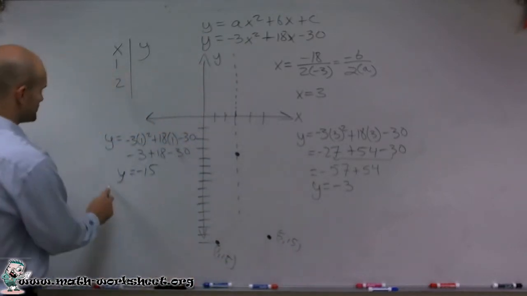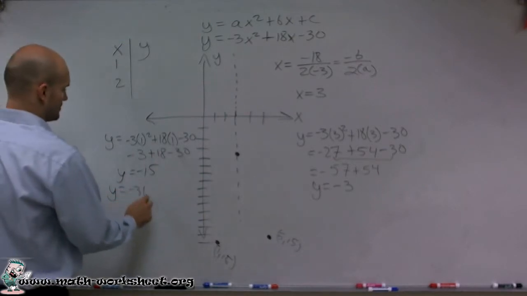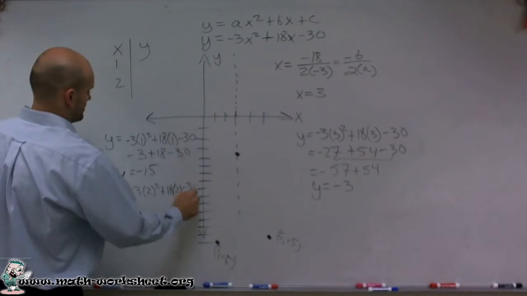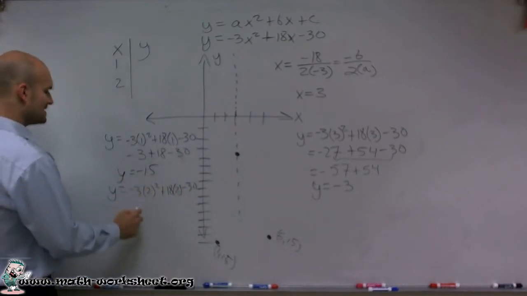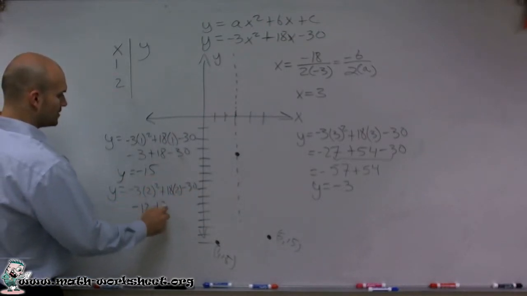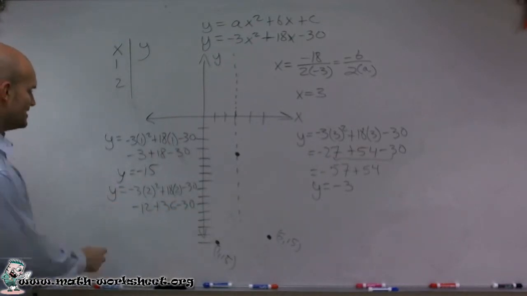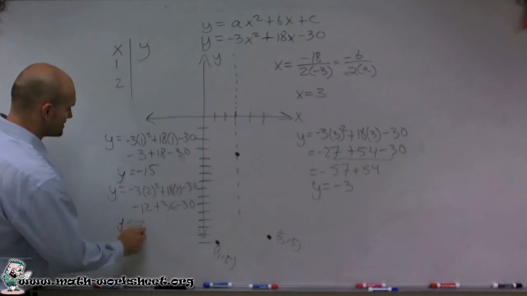Now let's go and check x equals 2. So 2 squared is 4. 4 times negative 3 is negative 12, plus 36, minus 30. And therefore when x equals 2, I get y equals negative 6.